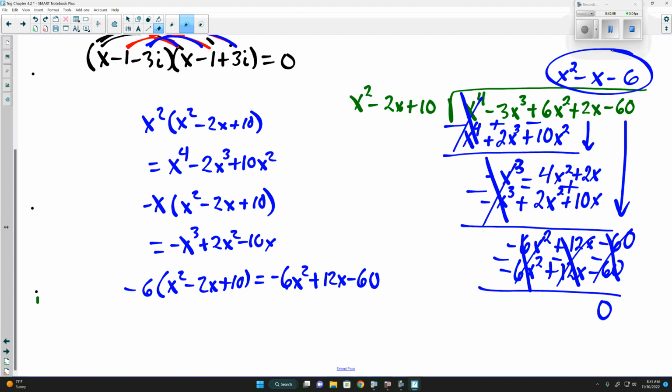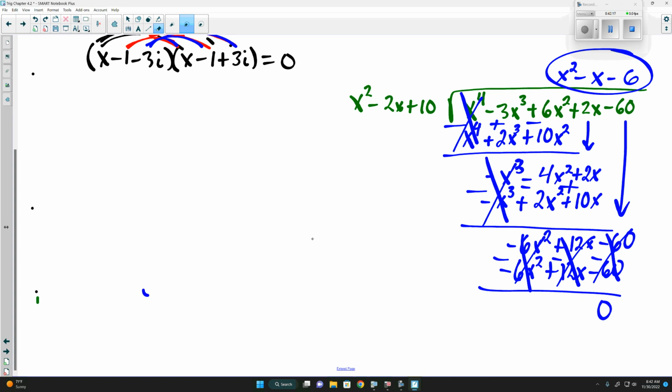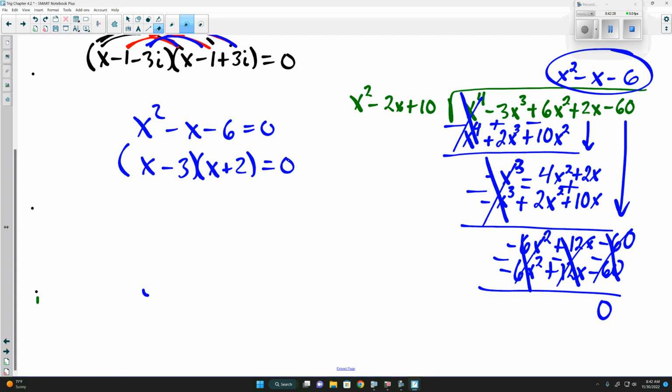Which leaves us with this here, x squared minus x minus 6, which does indeed factor. And I have a feeling at this point you're running out of room. Which would be x minus 3. And I know I'm running out of time.